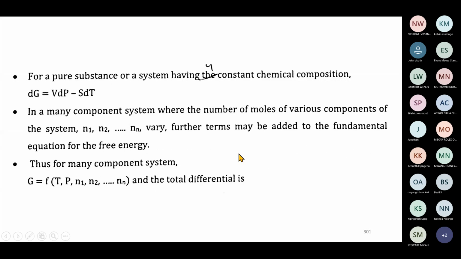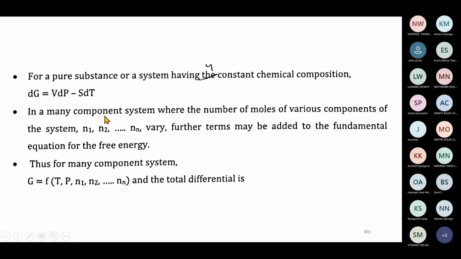For a pure substance and a system that has a constant chemical composition, this is the expression that we have for change in Gibbs free energy: dG is given by VdP minus SdT.